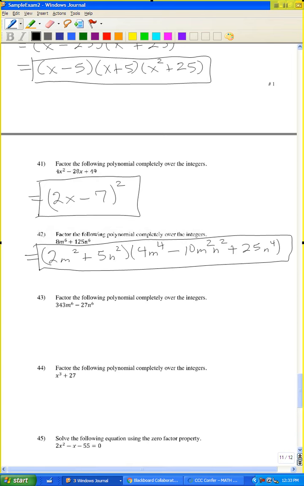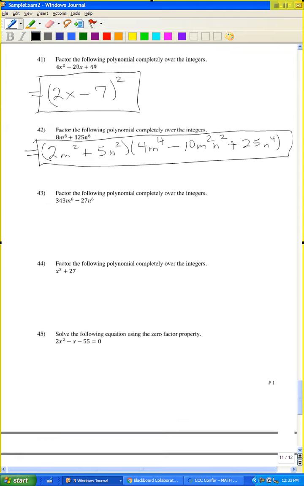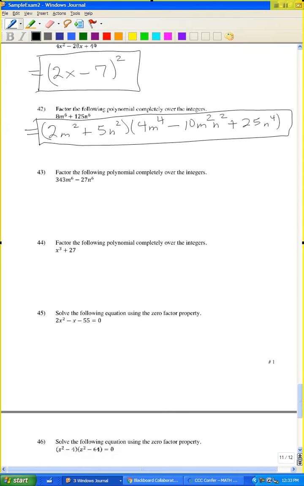Again, because you memorized your special product formulas last week. Factor the following polynomial completely over the integers. Again, you memorize the special product formula, so it's easy. The cube root of 343 is 7. The cube root of m to the 6 is m to the second. The cube root of 27 is 3. The cube root of n to the 6 is n to the second.